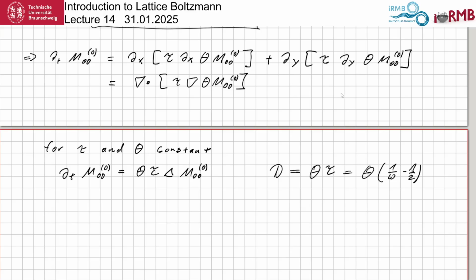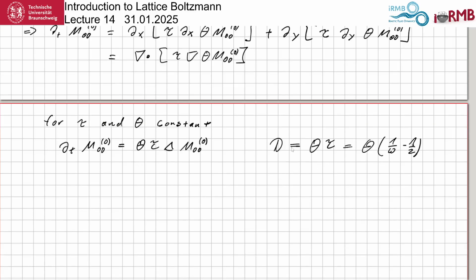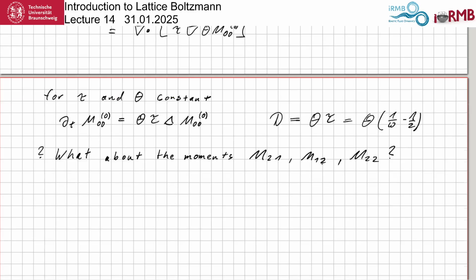So now we defined the moments that we had, but we also have moments that we have not talked about at all, namely the moments M11, M21, M12, and M22. So what about them?